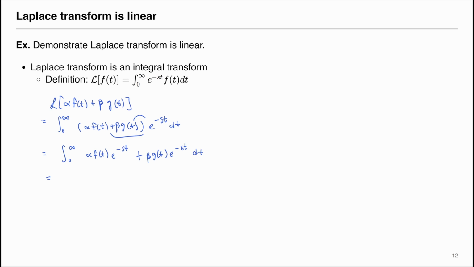And I can use the definite integral addition rule to separate these things out. So alpha f of t e to the negative st dt plus the other half. This is using the addition rule of definite integrals.